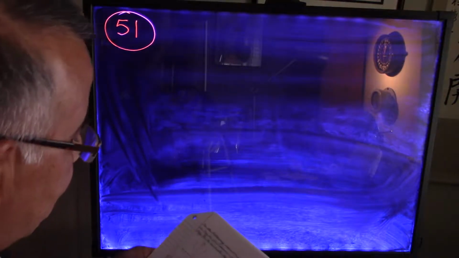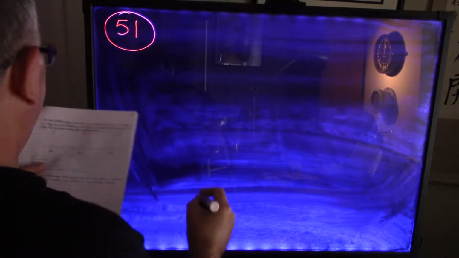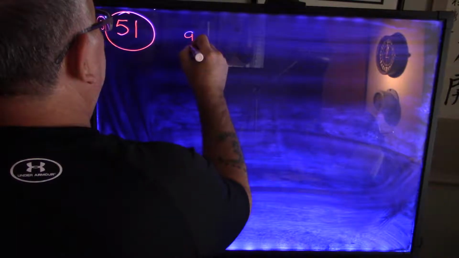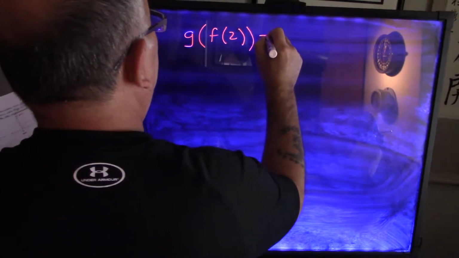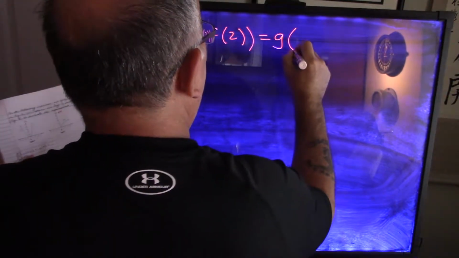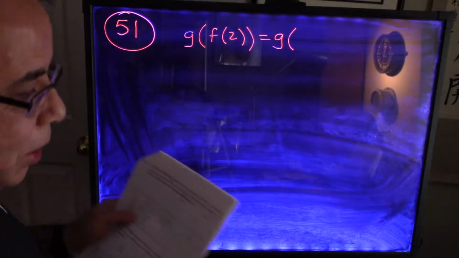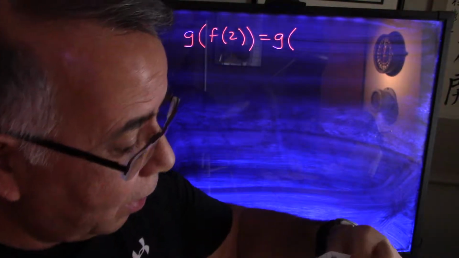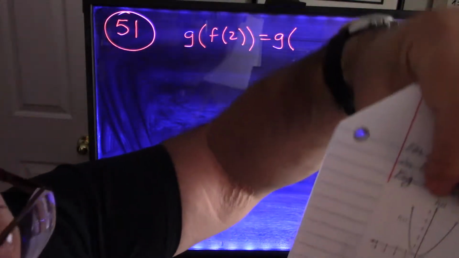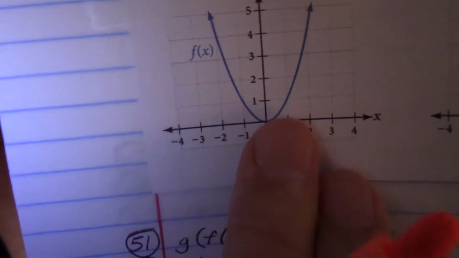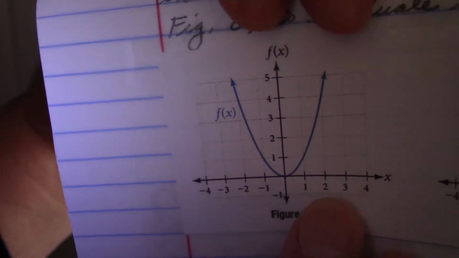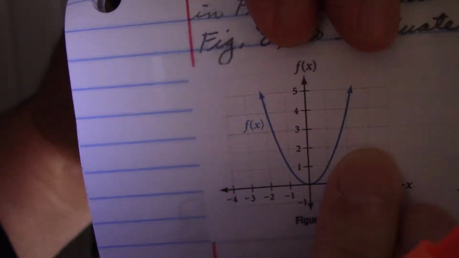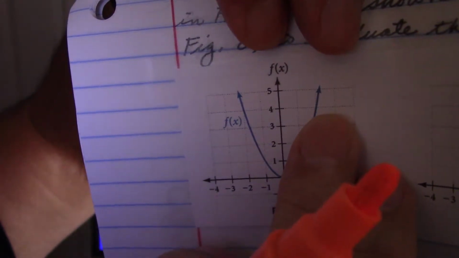Okay, so 51 is g of f of 2. So find out what f of 2 equals. Look at the graph of f on figure 6. F of 2. What do we have? There's x equals 2 and y equals 4.